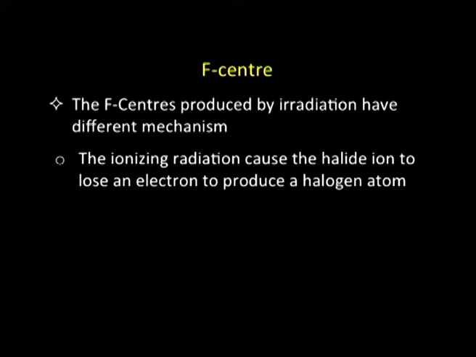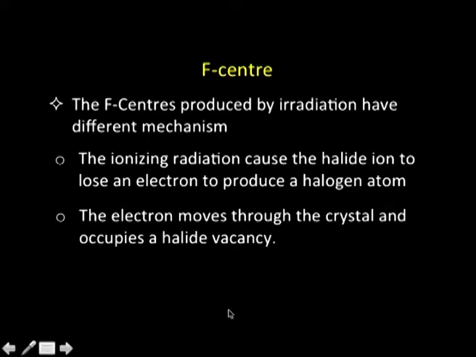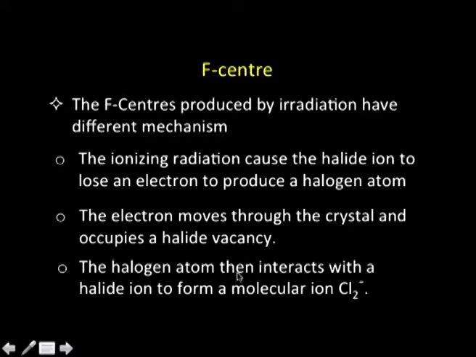The electron that has gone in the first step moves through the crystal and occupies a halide vacancy, and the halogen atom then interacts with a halide ion to form a molecular ion called Cl2 minus. The electron in the halide vacancy is responsible for the color of the material. So, in this case the mechanism is different from the previous case.